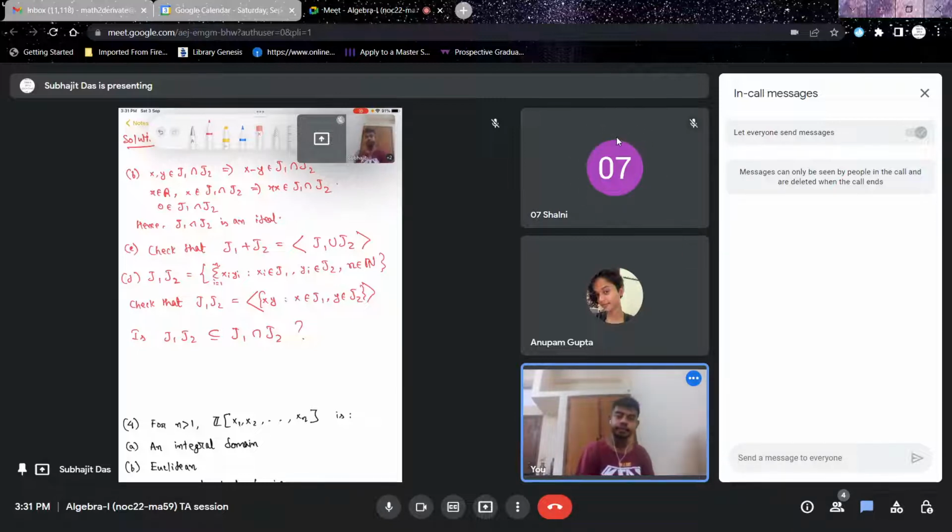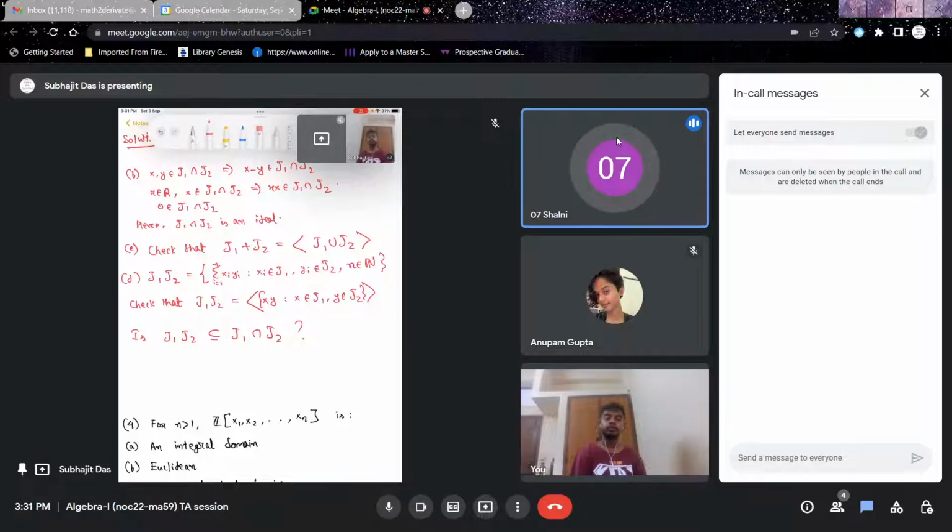Why? I have taken any element from J1 J2, which is of the form summation i=1 to n xi yi, and this is of the form x1 y1 plus x2 y2 and so on up to xn yn, where these xi belong to J1, yi belong to J2.